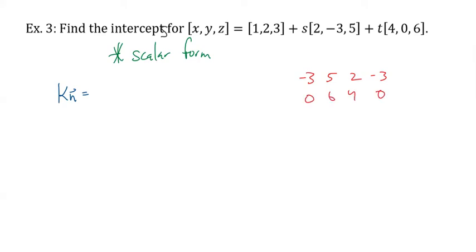Plus d. Some people forget the plus d part, and they either make up a d from here somewhere, or they just leave it like d is 0, but it's not. So be mindful of that.